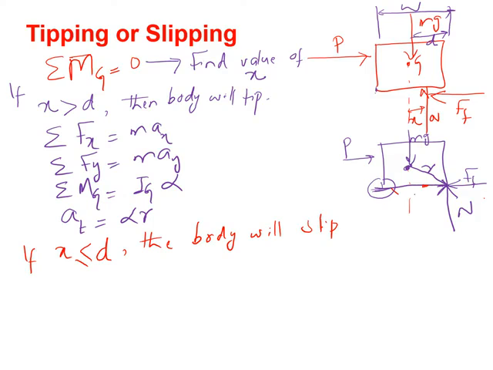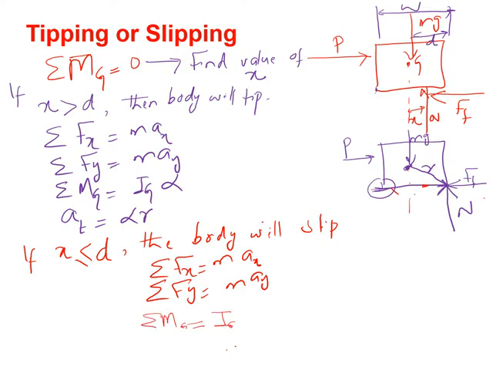When the body slips, you have to apply all these conditions: sum of the forces in x direction equal to m a_x, sum of the forces in y direction equal to m a_y, sum of the moment about point G equal to I_G alpha.